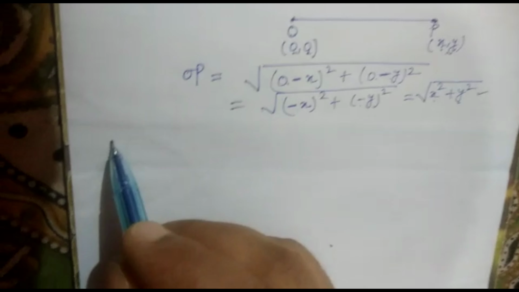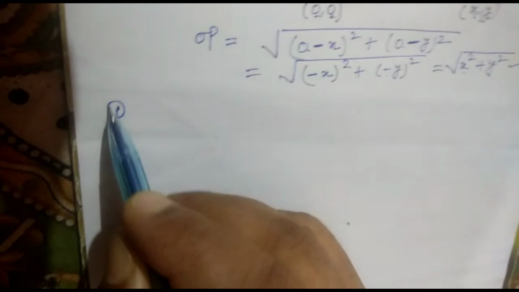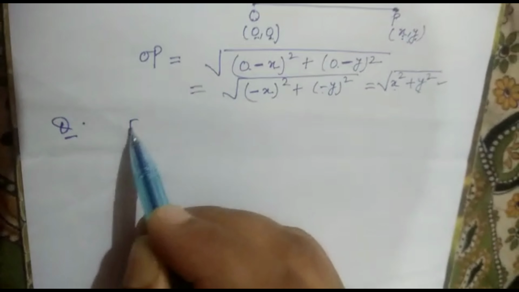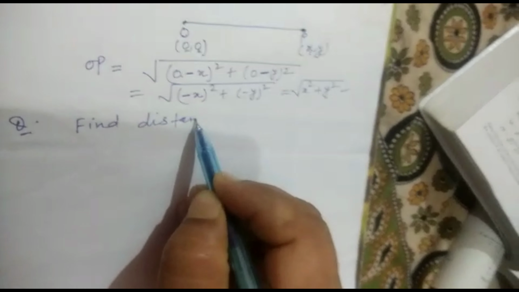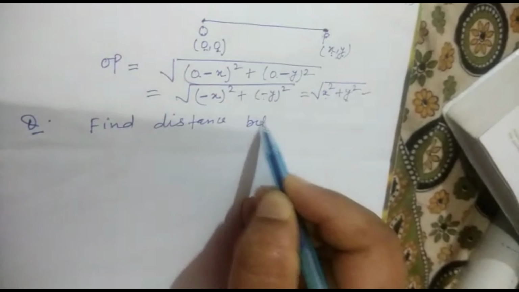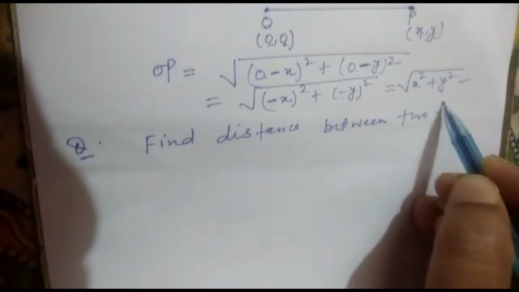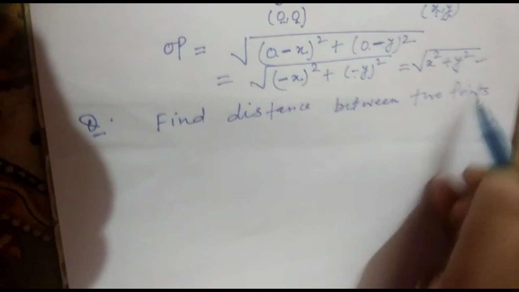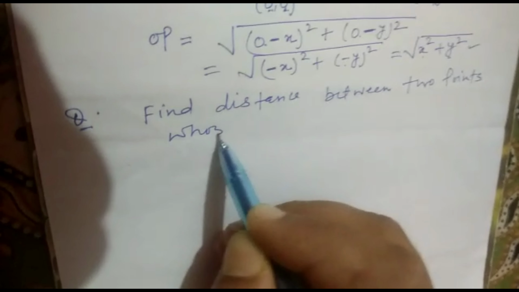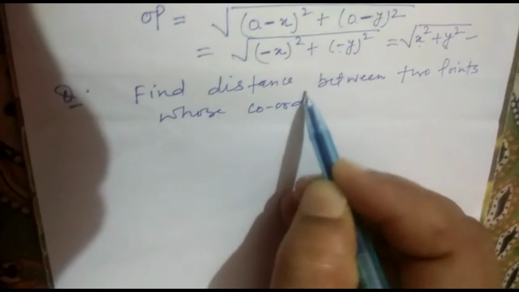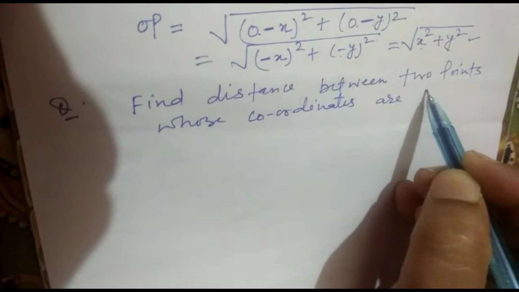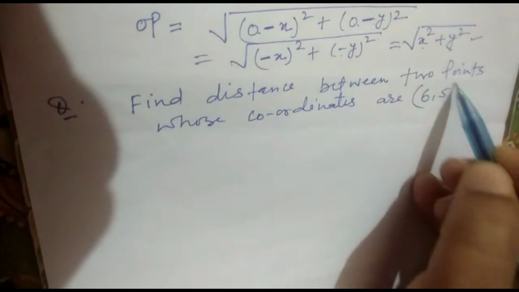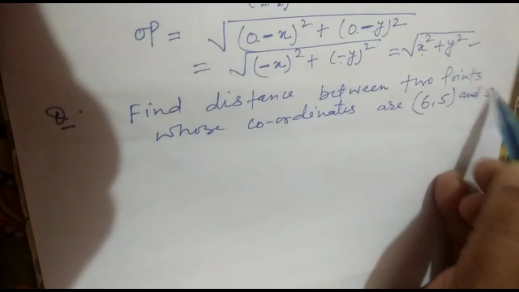Now I am taking here a question based on distance formula. Question is, find the distance between 2 points whose coordinates are 6, 5 and 5, 6.